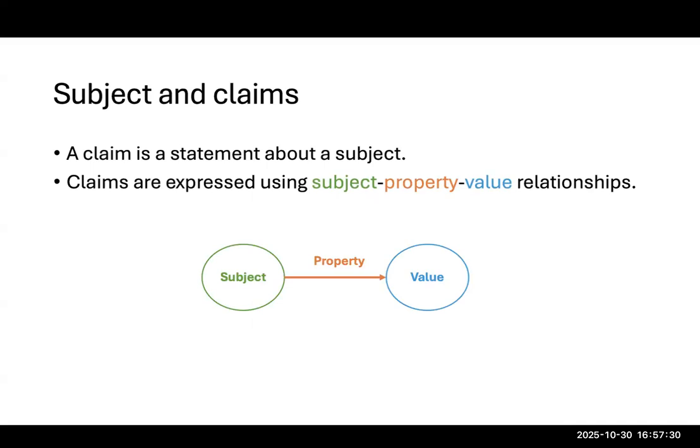A claim is a statement about a subject. And claims are expressed using the subject property value relationship. Nothing different from the DIDs. The difference is that we have more freedom and more properties that we can use to describe the credential and the claims about the subject.